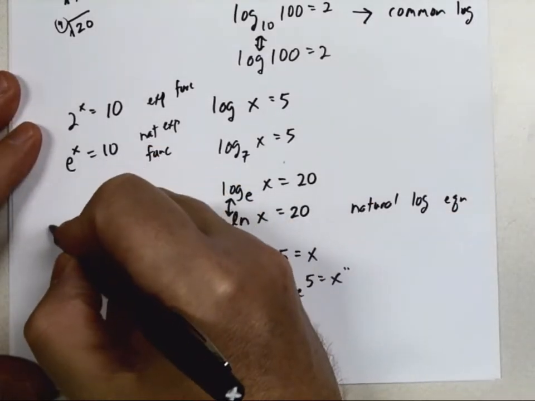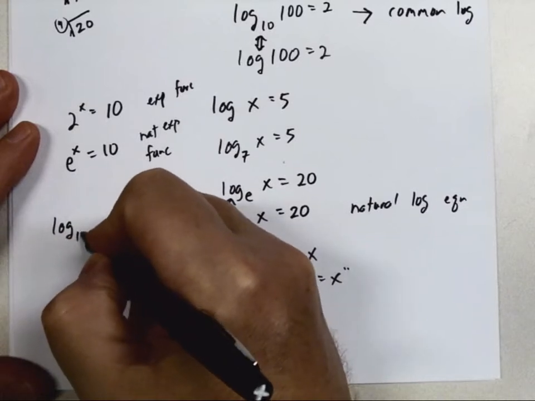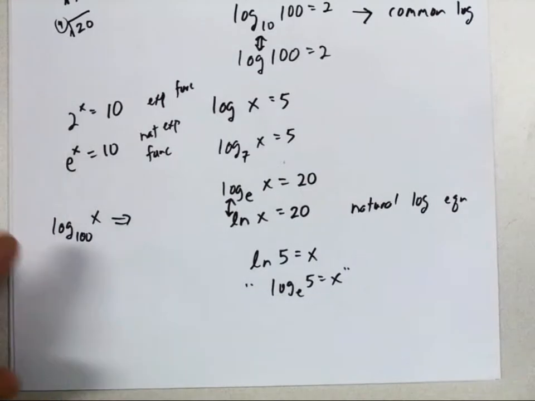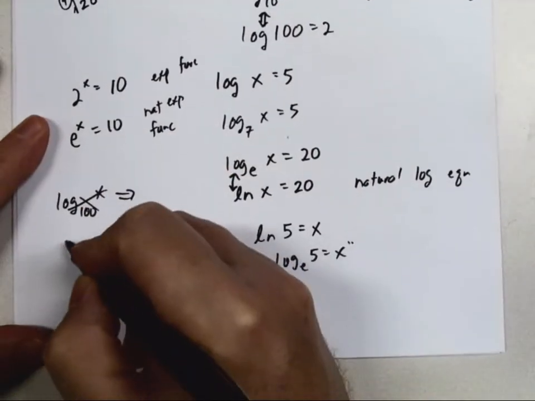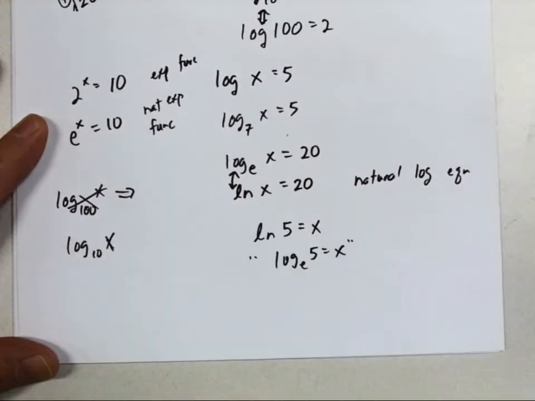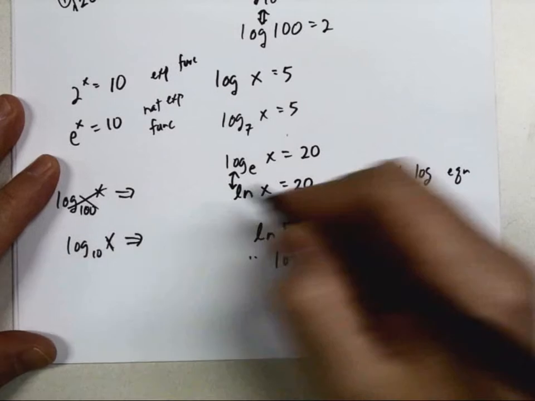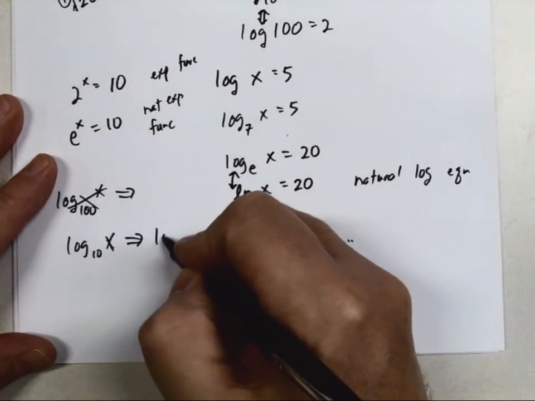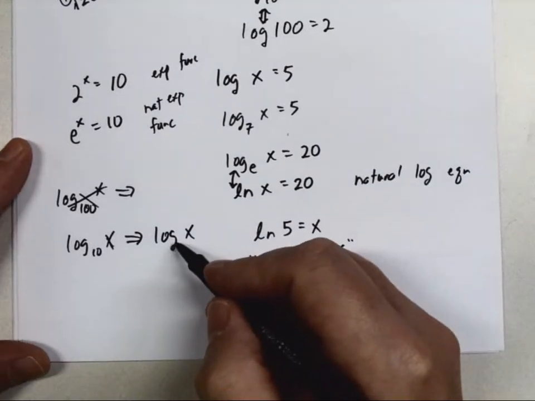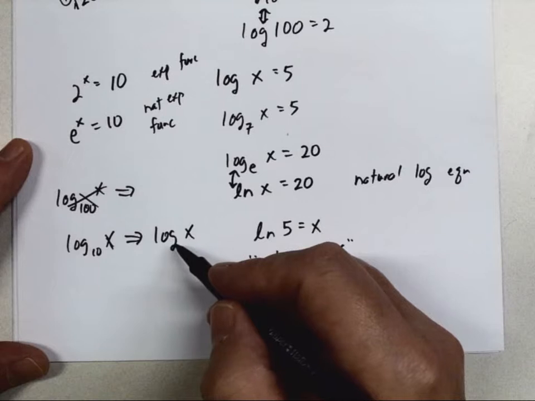So now, in summary, there are two special bases. The two special bases are log base 10 of x. We don't write log base 10, we just write log of x. And sometimes this will be called the common log of x.